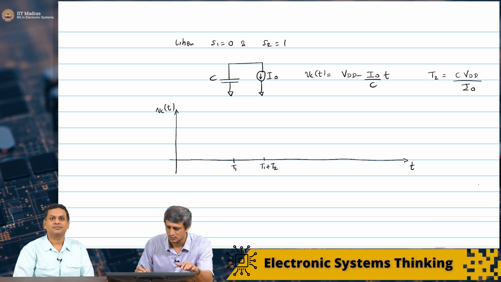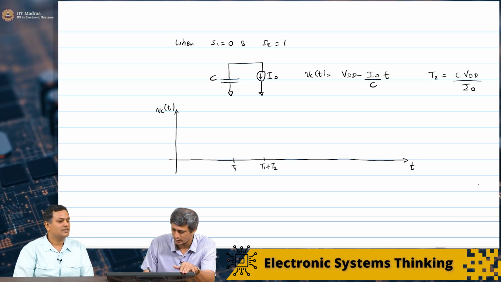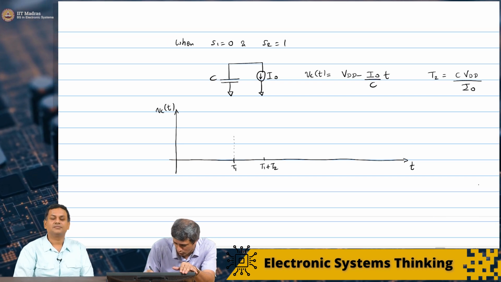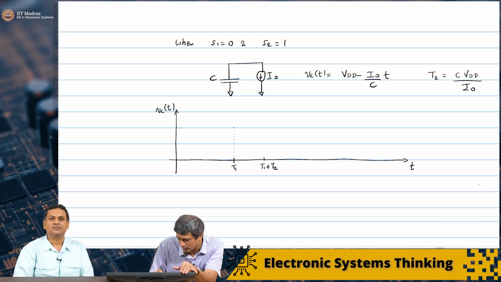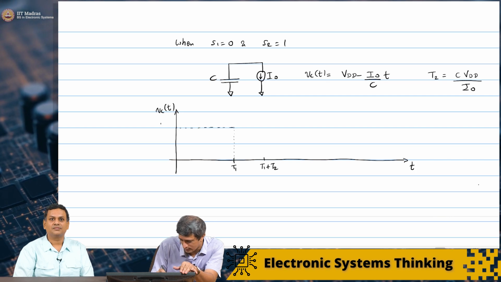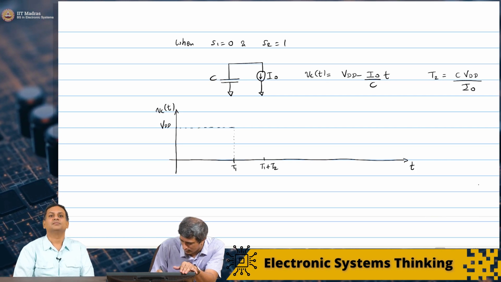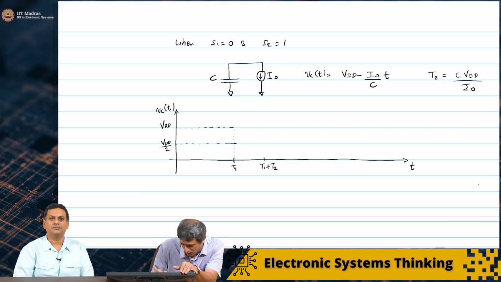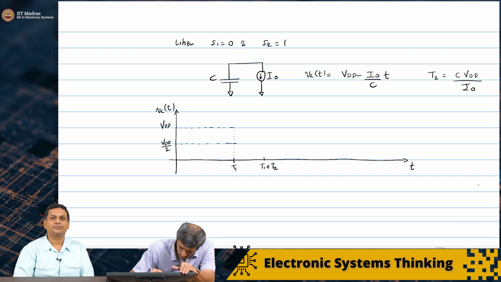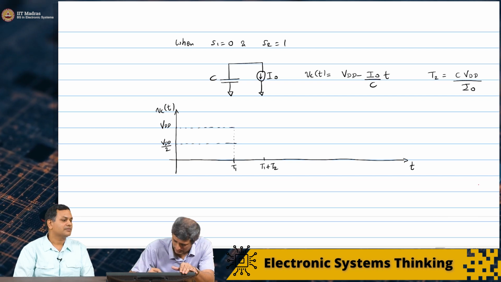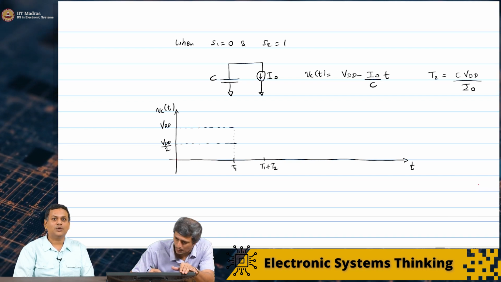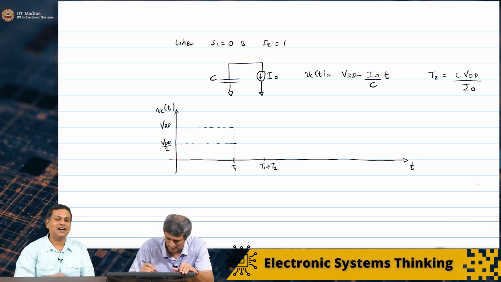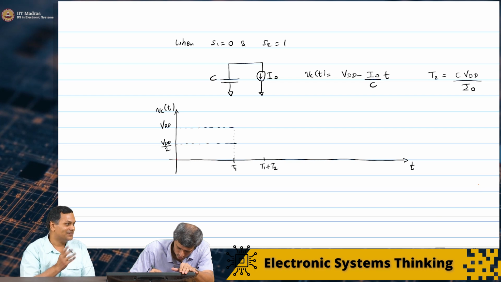So what we go ahead and do now is to plot this voltage as a function of time. So till this, this is VDD, this is your VDD by 2. We are assuming that the time constant is 100th of T1, so you won't even be able to see VDD by 2 exactly on this graph.